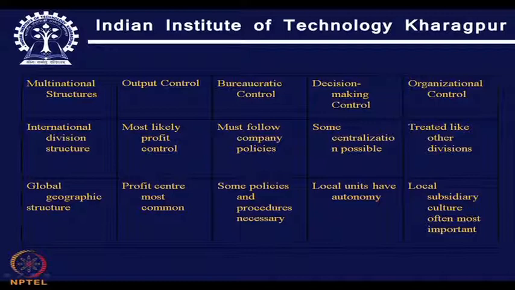In international division structure, the output is more likely profit control. In bureaucratic control, it is must follow the company policies. Decision making control has some centralization policies, and organization control is treated like other divisions.